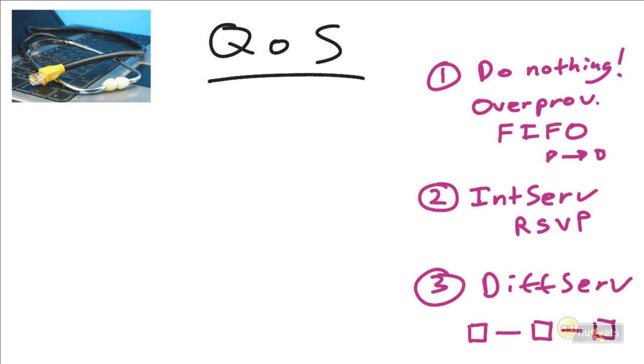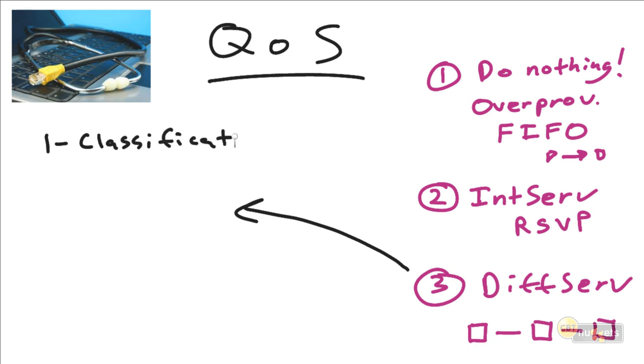So when we engage in the differentiated services approach, we first have an area called classification. We will make sure we classify important traffic from unimportant traffic. And then we'll engage in congestion management. We won't use first in, first out.